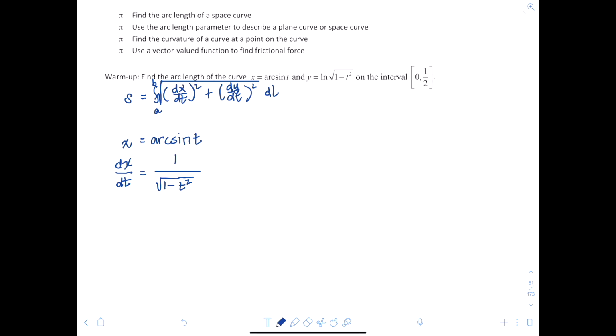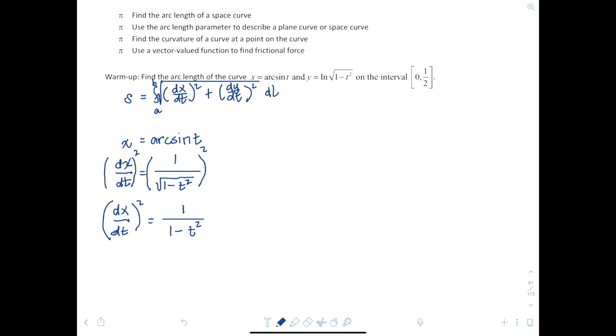Now remember, we want that to be squared in the formula, right? So dx/dt, the quantity squared, will just be 1 over 1 minus t squared, so it gets rid of that square root.